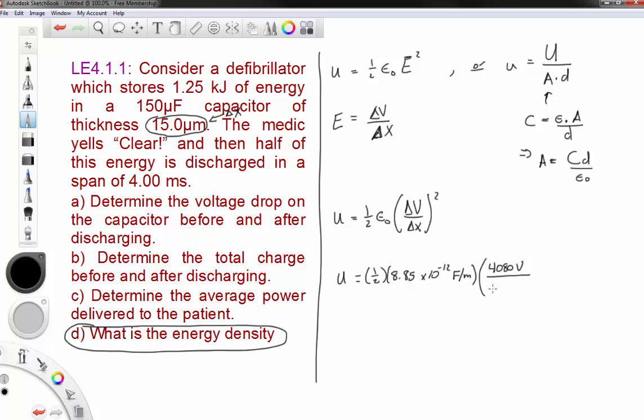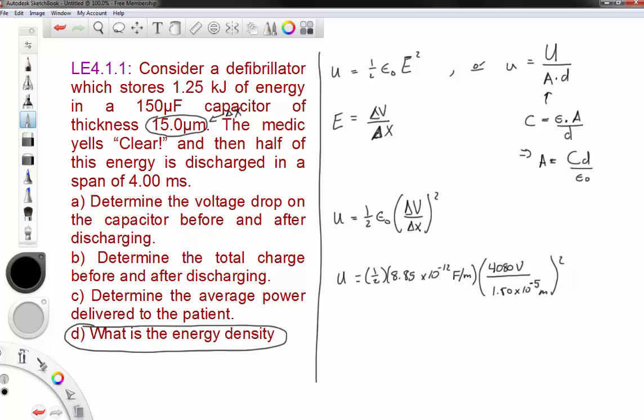And we're dividing that by delta x, which is 1.50 times 10 to the minus 5 meters. And then that number has to be squared.